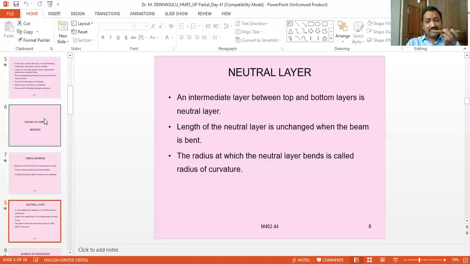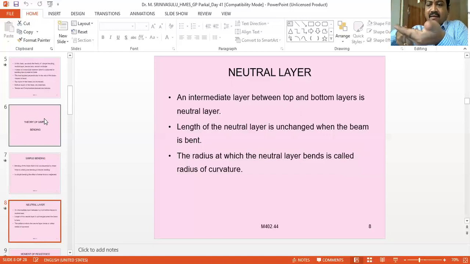So the beam is made up of a number of layers, and this is the top layer and this is the bottom layer. Whenever a beam is subjected to a certain amount of external loading, for example like this, this is the initial beam, and due to the action of the force it becomes like this.